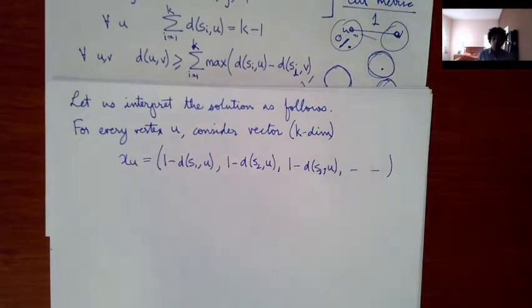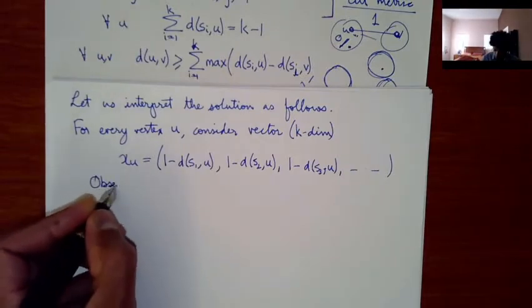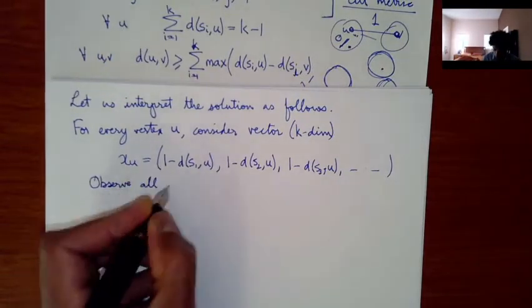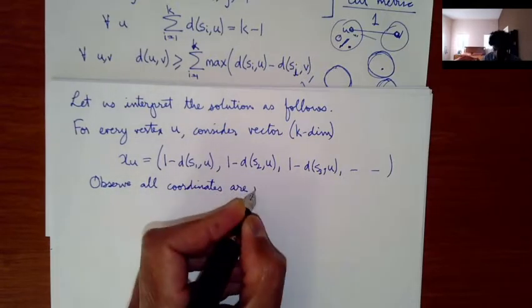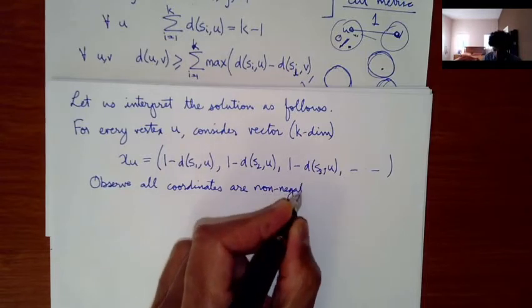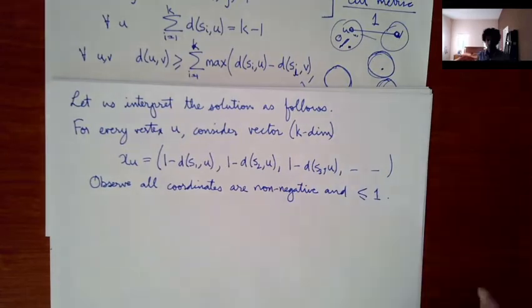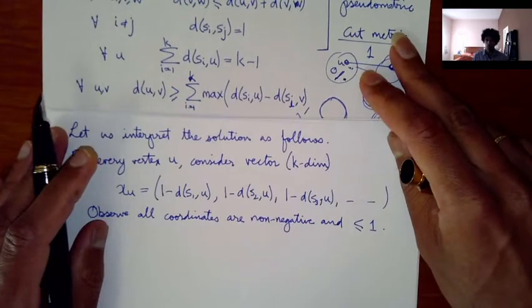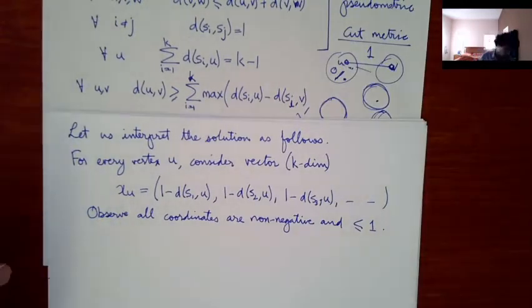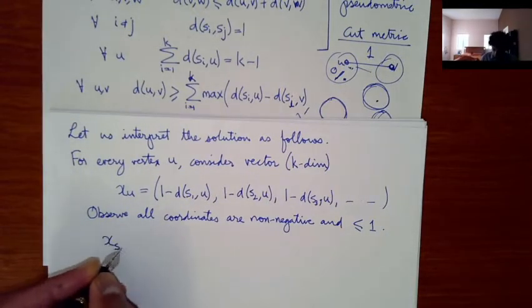Now, what are some properties of this? Firstly, observe all coordinates are non-negative and at most 1. What more properties can you say based on these things? What is the vector corresponding to a terminal?